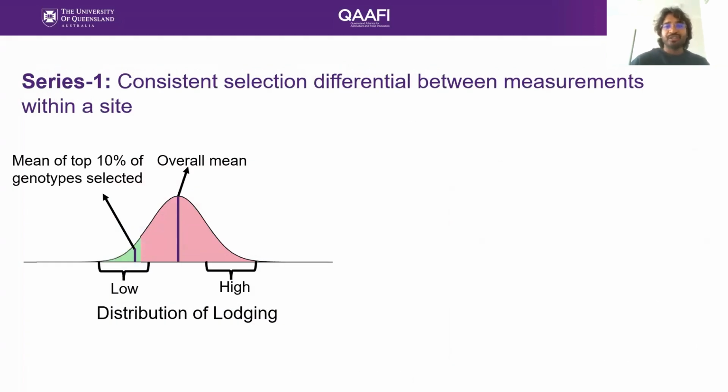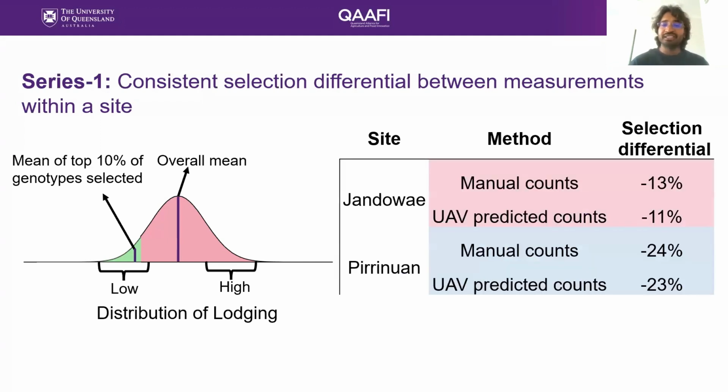Breeders use selection differential to estimate the effect of making selections. Therefore, I selected the top 10% of lodging resistant genotypes. Then the selection differential was calculated by subtracting the overall population mean from the mean of the top 10% of selected genotypes. Our results showed consistent and comparable selection differential between phenotypic methods within each site.